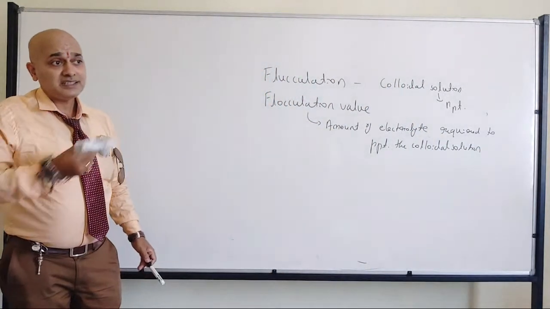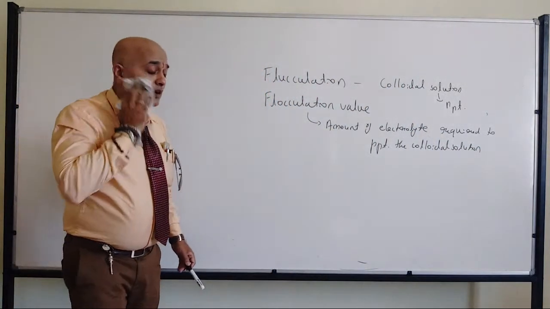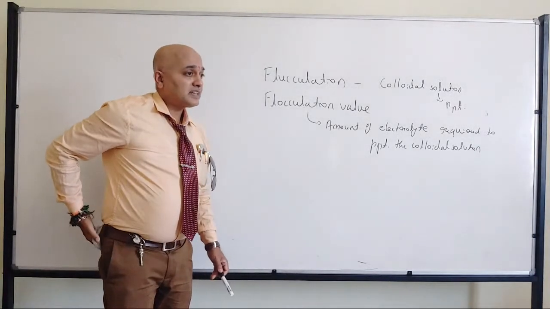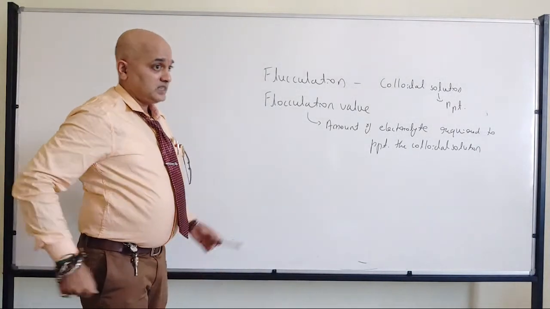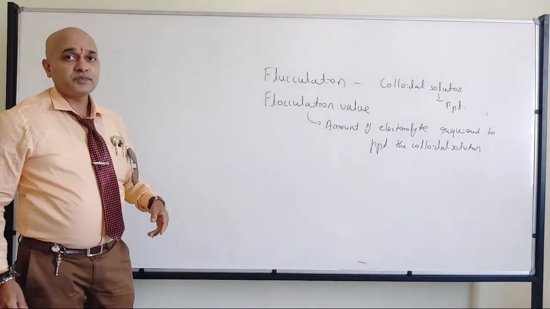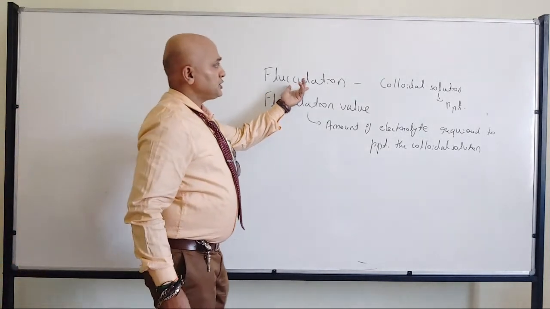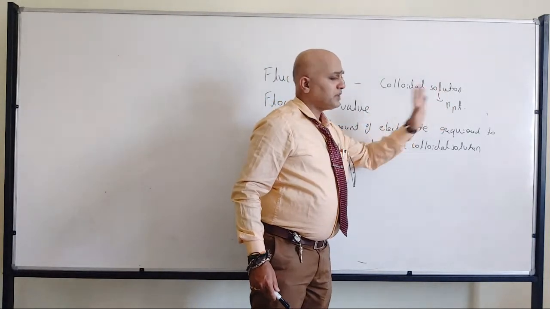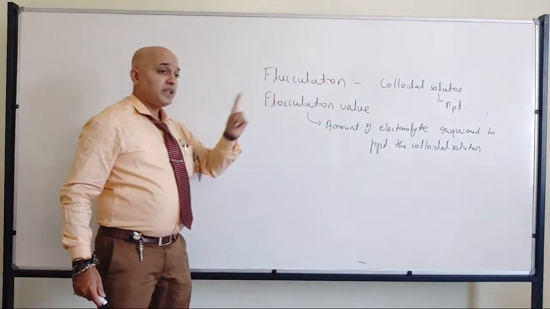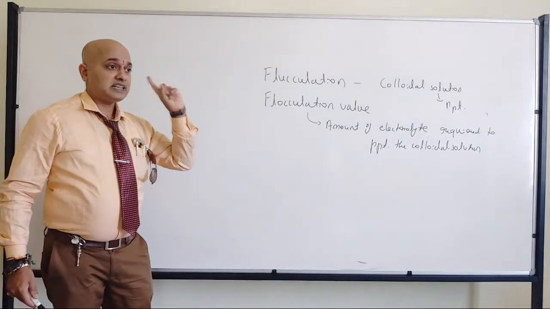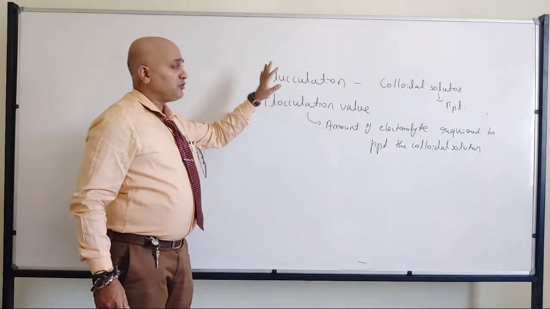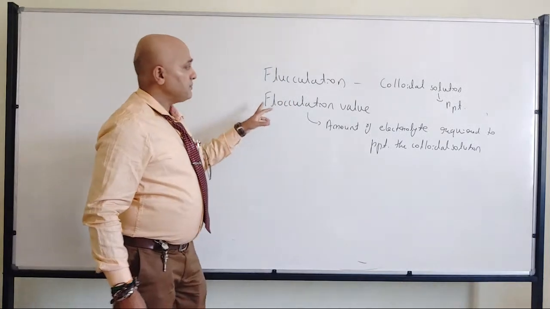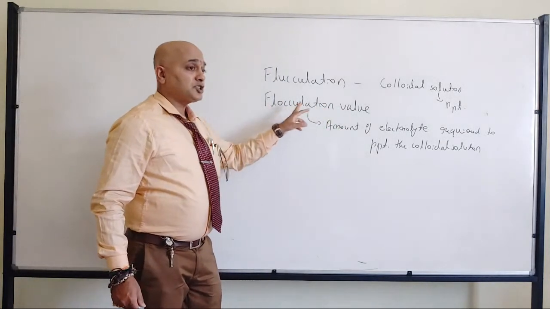Try to understand this because we are going to have one important rule, which is called Hardy-Schulze rule. That is based on this. What do you mean by flocculation? Flocculation is converting colloidal solution into precipitate, which I explained under peptization, but I did not use this word. Next is flocculation value.